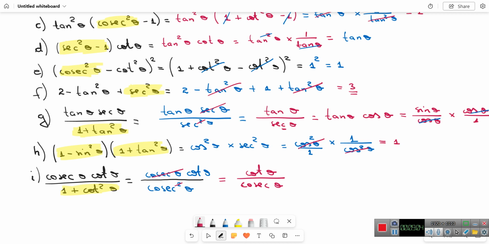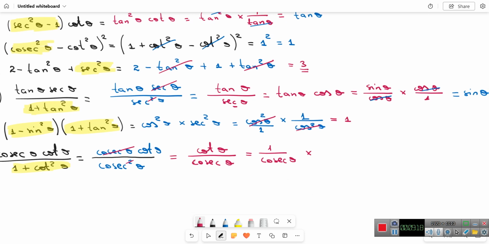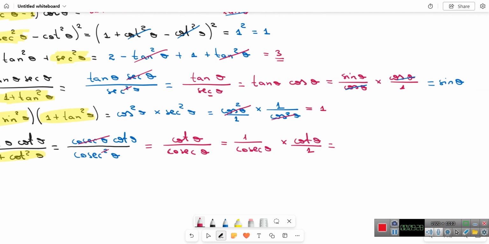Now we can split this into 1 over cosec theta times cot theta over 1. 1 over cosec I know is sine theta, so I can write sine theta over 1.